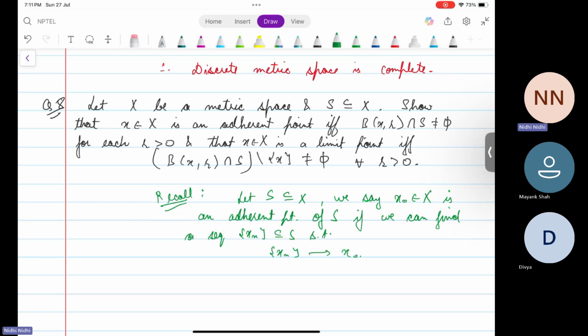And for the case of limit point, if we can find a sequence of distinct points, that is, this sequence is not a constant sequence, nor eventually constant, all the terms should be different, distinct, and converging to x naught, in that case, we call this point the limit point.